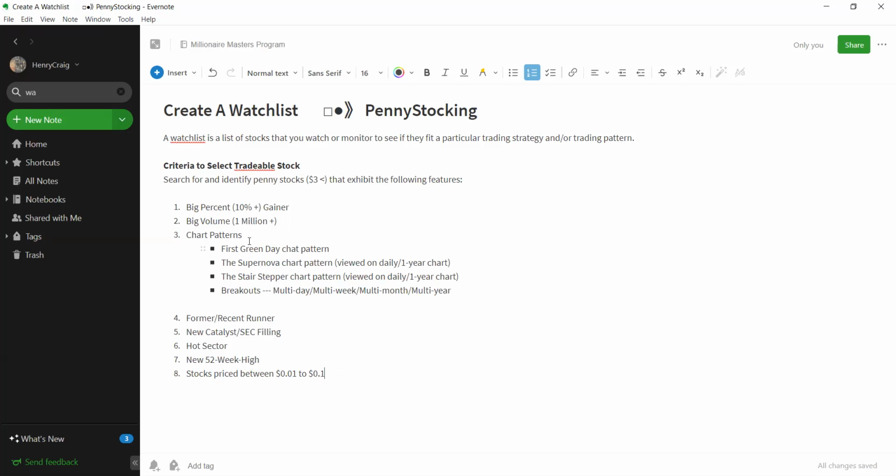We're also looking at big percent gainers, preferably 20% or more. And we're also looking at big volume, preferably 10 million or more being traded on the day.